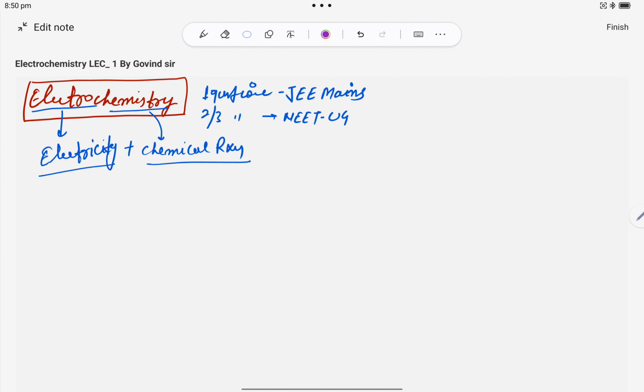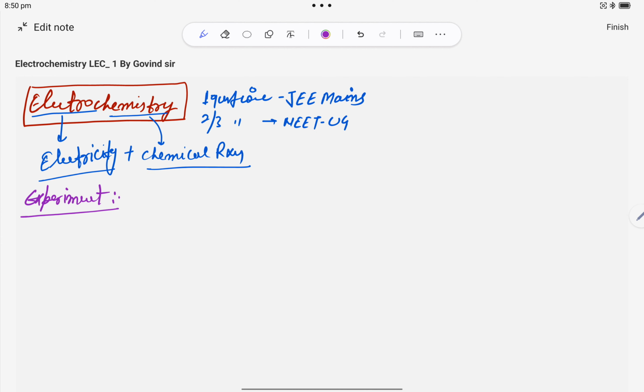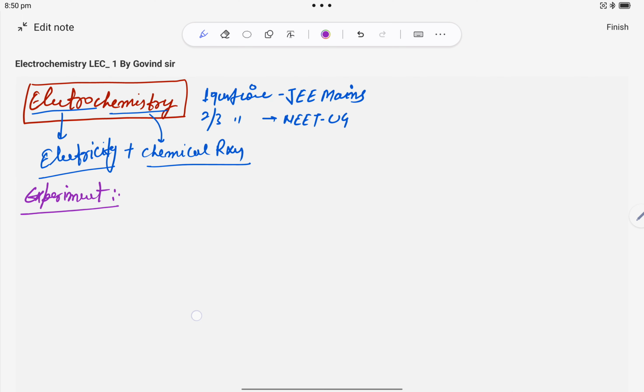One experiment was performed. The electrochemical cell is based upon one experiment. Someone performed one experiment, and what is the experiment?